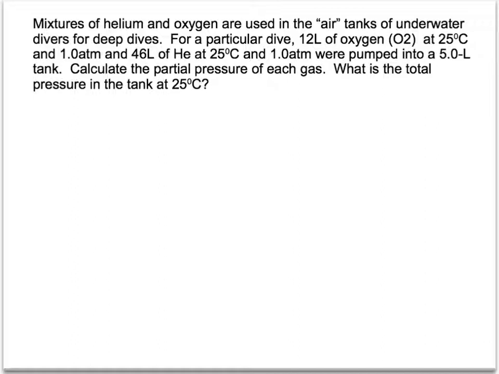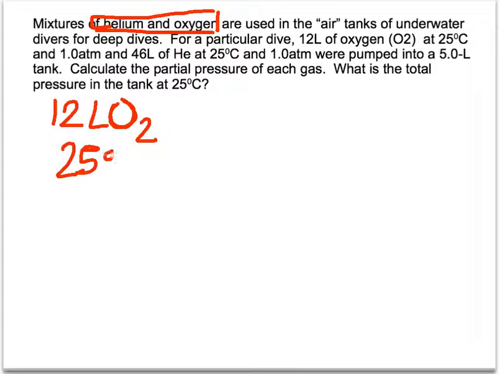So in this next problem, we have mixtures of helium and oxygen. Anytime you see something with mixtures of more than one gas, you probably should be thinking Dalton's law. They're used in air tanks of underwater divers for deep sea dives. For a particular dive, we've got 12 liters of oxygen, that's diatomic oxygen, O2, at a temperature of 25 degrees Celsius and 1.0 atmospheres.